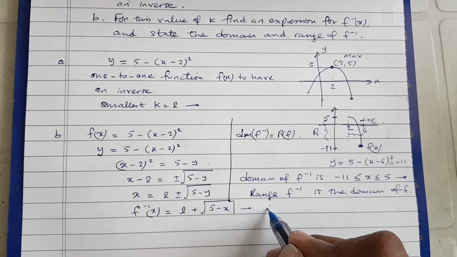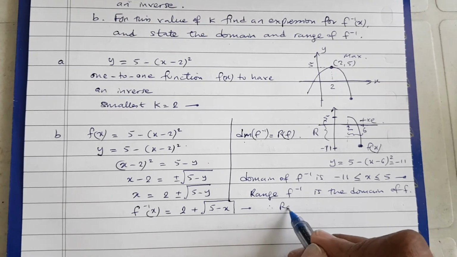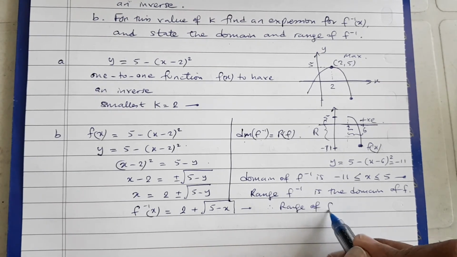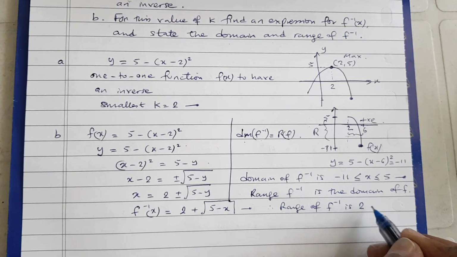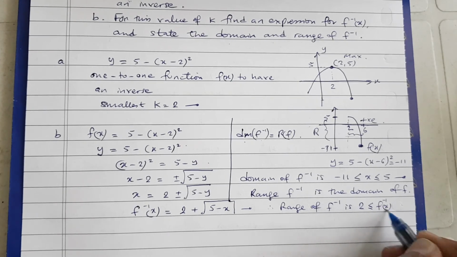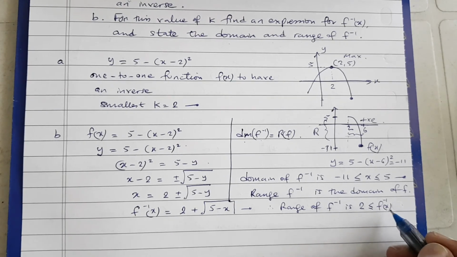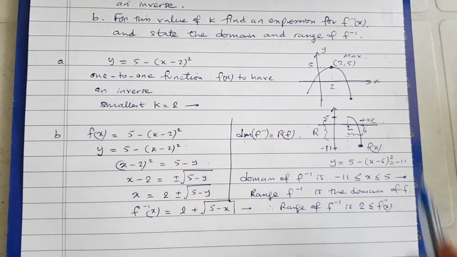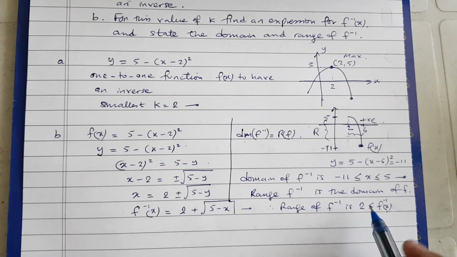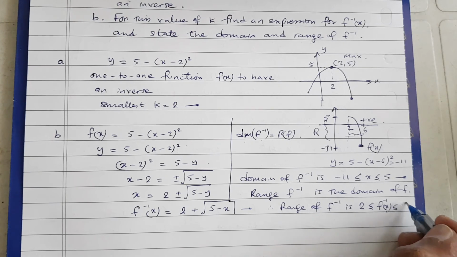Therefore, the range of f inverse is 2 less than or equal to y, less than or equal to 6, because the domain of f is equal to the range of f inverse.